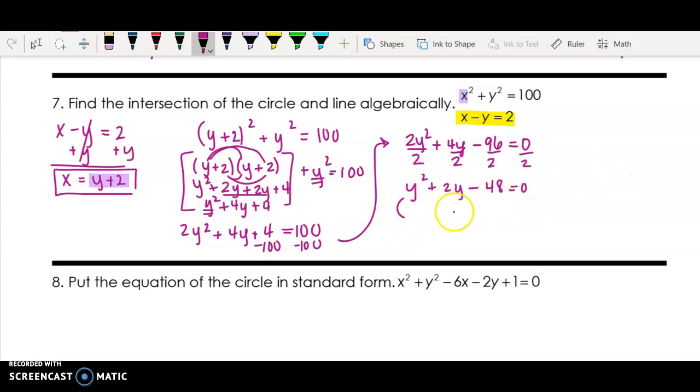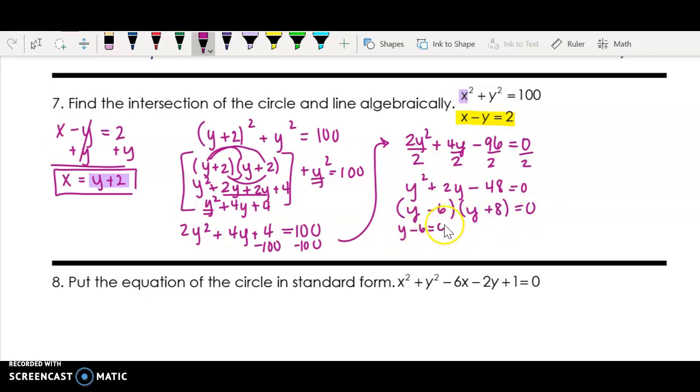So now I'm going to break this down, or unfoil it basically. I know my front of each binomial is going to have a y in it. I'm looking for two factors of negative 48 that add up to positive 2. And that is negative 6 and positive 8. After that, I'm going to set each factor equal to 0 to solve.